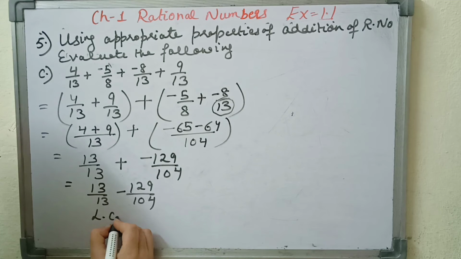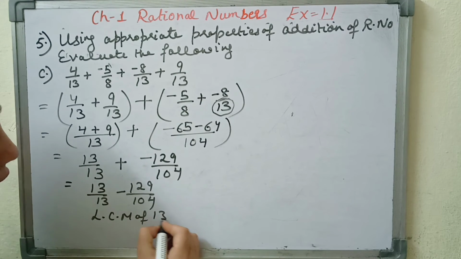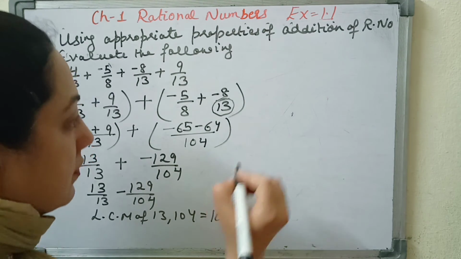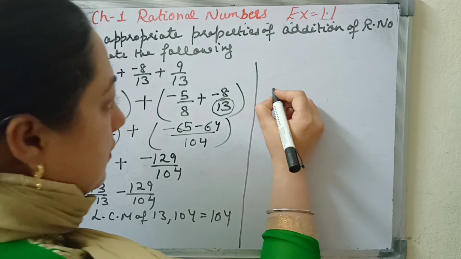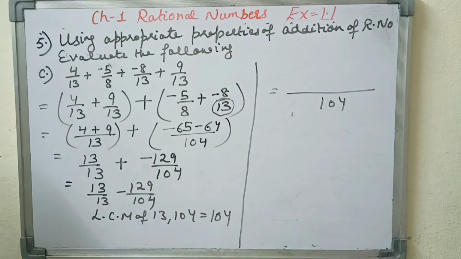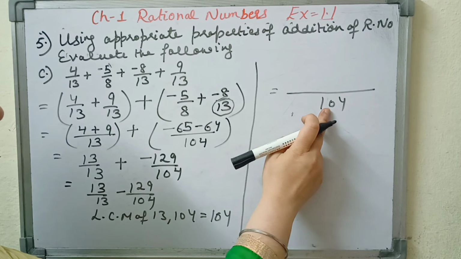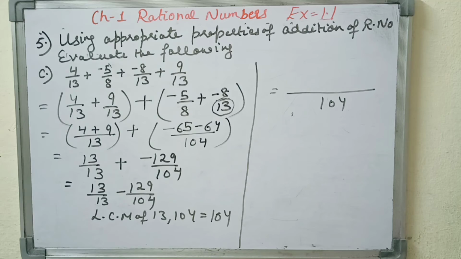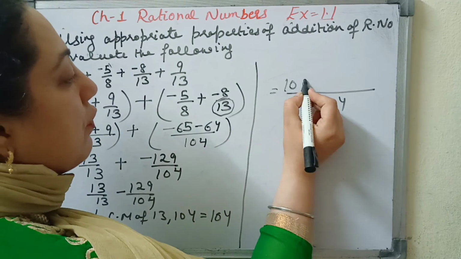Again, I will take the LCM of 13 and 104, which is 104. So, in the denominator, there is 104. 104 divided by 13 is 8, and 8 multiplied by 13 is 104.